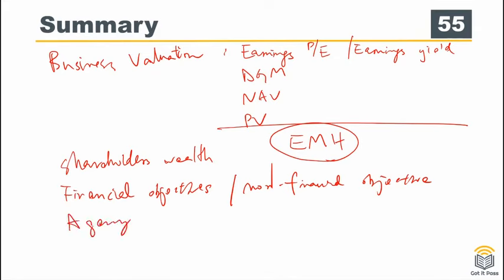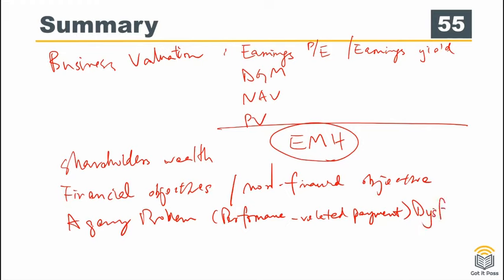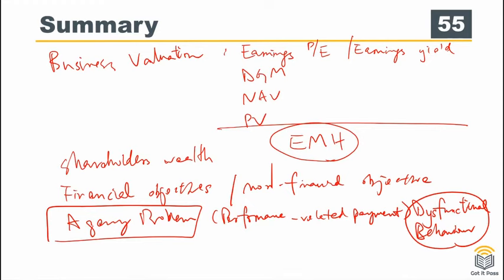Even if we don't mention this term agency problem, we mention about the performance related payment, dysfunctional behavior. Okay, all these are agency problem, because agency problem means the managers, they manage the companies on behalf of the shareholders, but are their rewards linked to the share price? If not, then any performance related payments or any financial rewards will have the dysfunctional behavior or agency problem here.